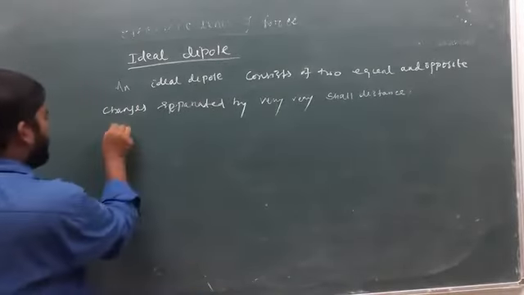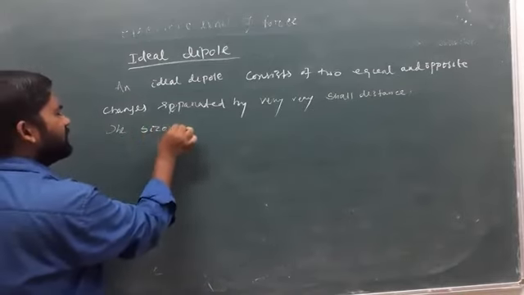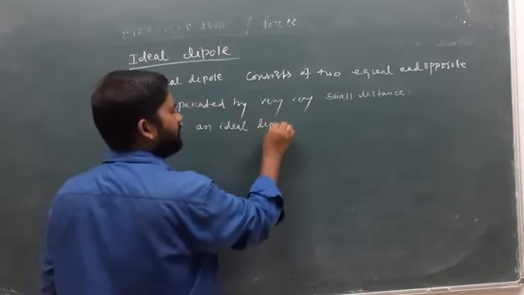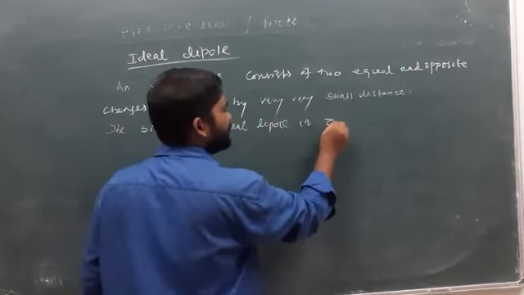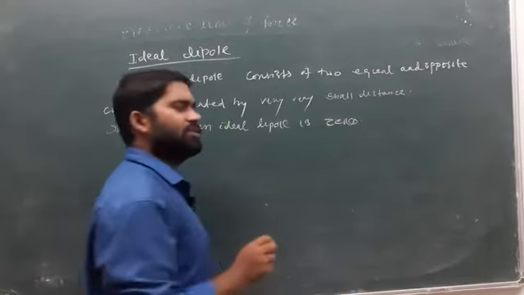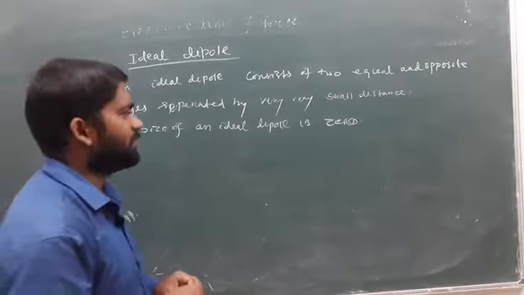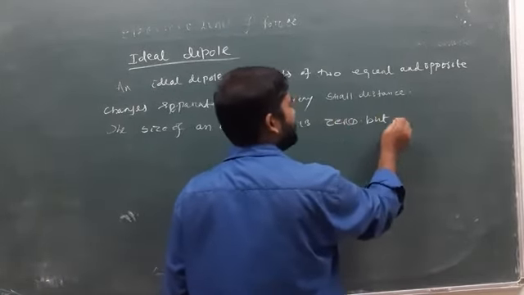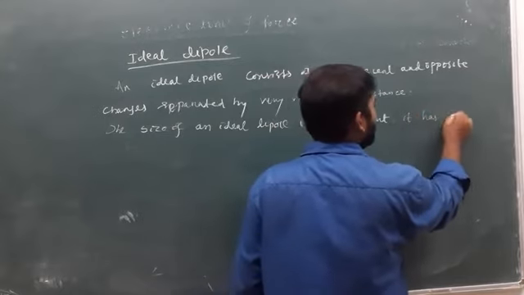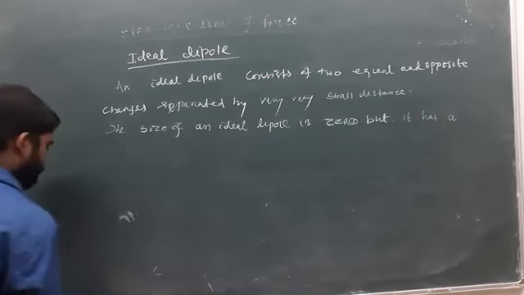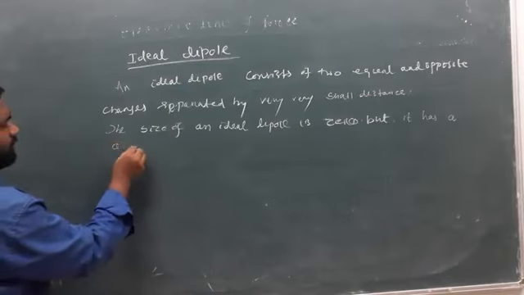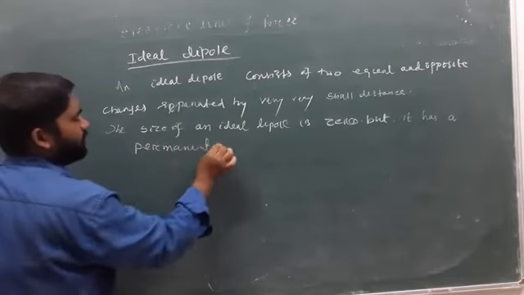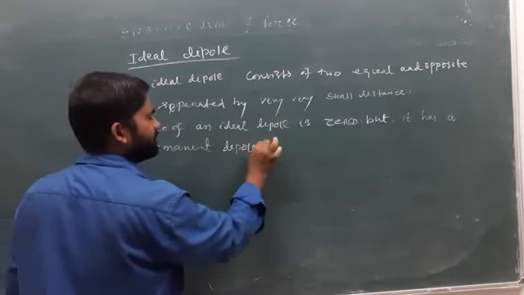That's why the size of an ideal dipole is approximately 0, but it has a permanent dipole moment.